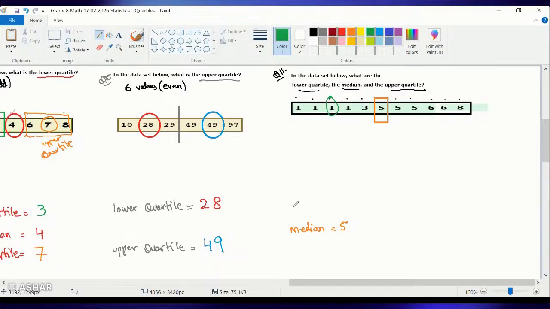This is the lower quartile. That was 1. Thank you. And the middlemost value over here was 6. And the upper quartile was 6. Perfect. Thank you so much. Median 5, upper 6, lower 1.